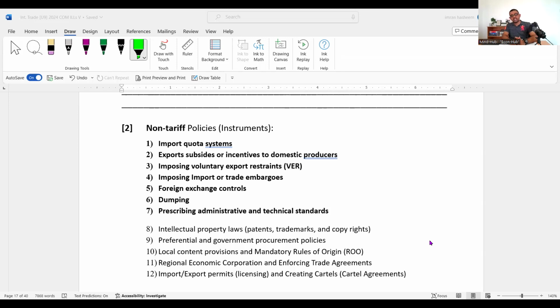If we want to restrict imports, as we did during the COVID lockdown periods and during the economic crisis of 2022, the central bank, which is the foreign exchange controller, purposefully reduces the amount of foreign currency available in the domestic forex market.